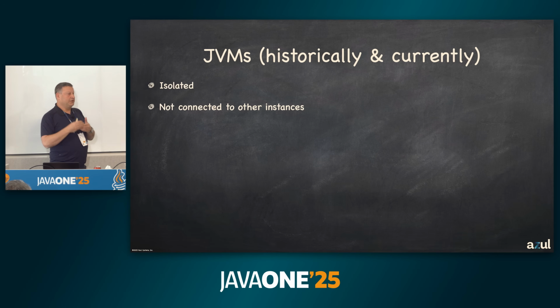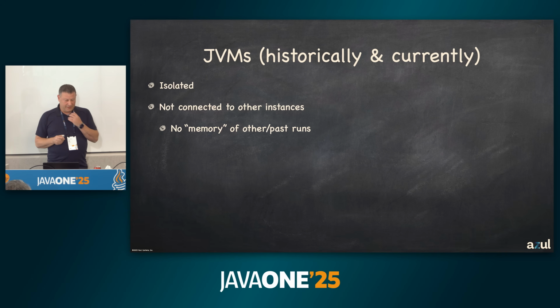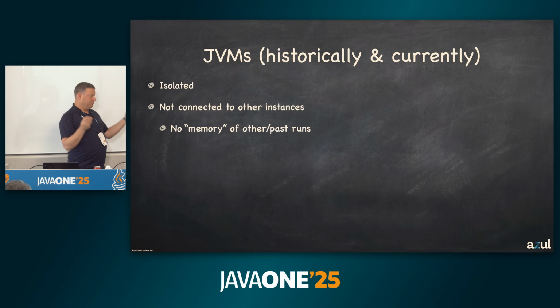They might even be talking to another JVM, but they don't know it's a JVM. They just know it as an external thing that's some other application. They have no memory of what happened before they started. There's no past to a JVM. There's no "I've done this before, I don't need to do it again." We start, we load the code, we run it, we make it go fast, we make it happy, we finish, right?